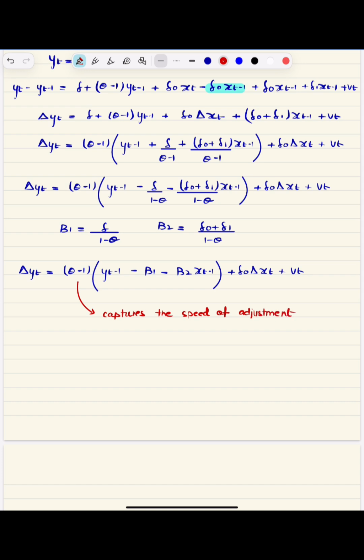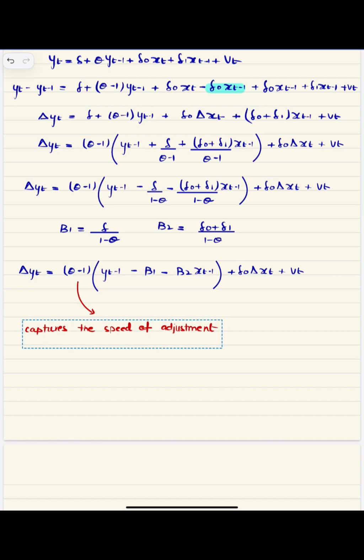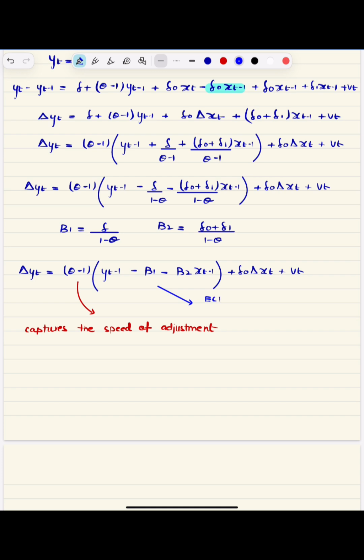Okay, and this measures the deviation from the long run equilibrium. Should I write that down? Maybe I should. This is the error correction term, which is basically telling us it just measures the deviation from the long run equilibrium.